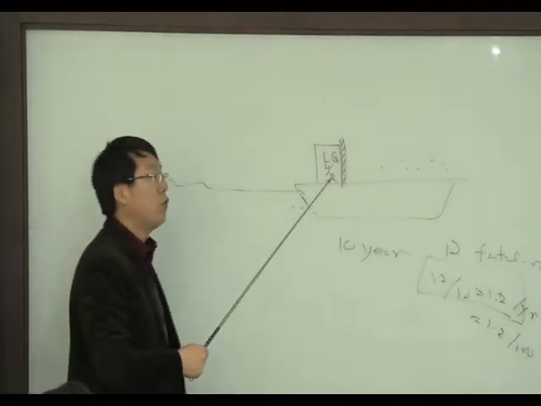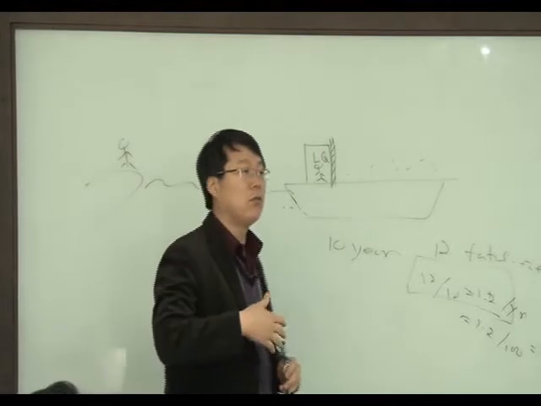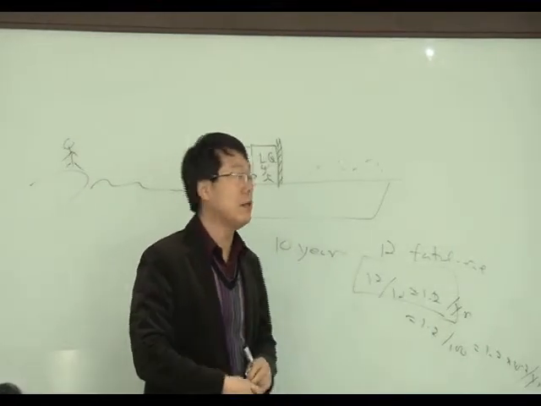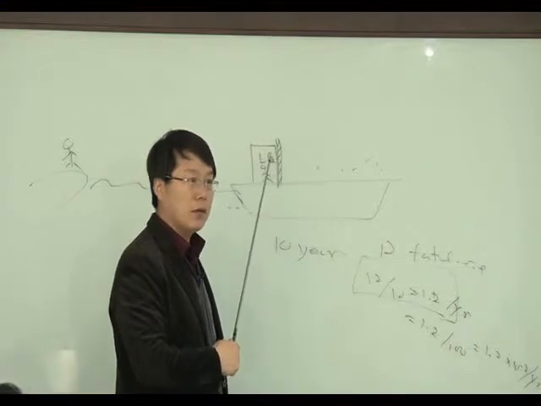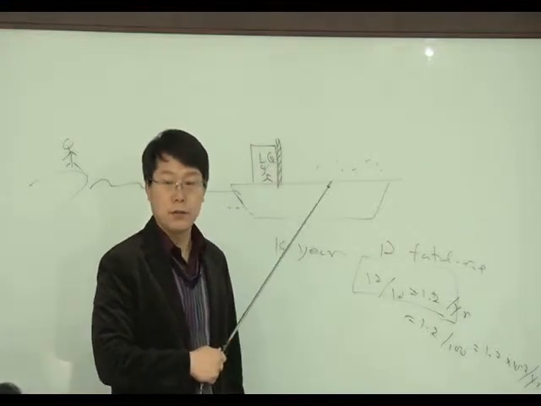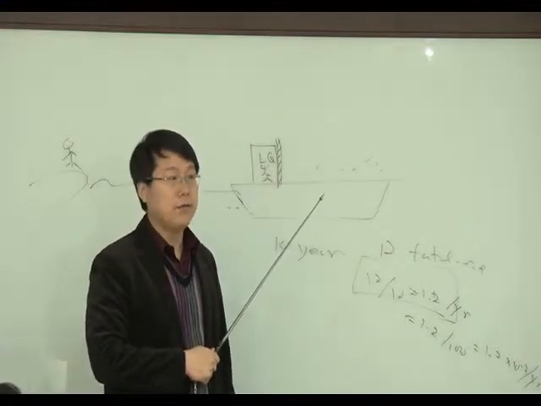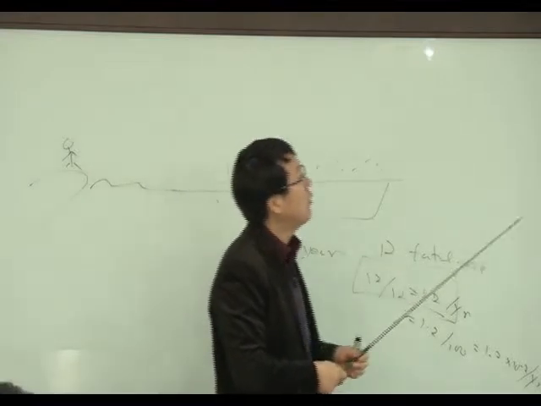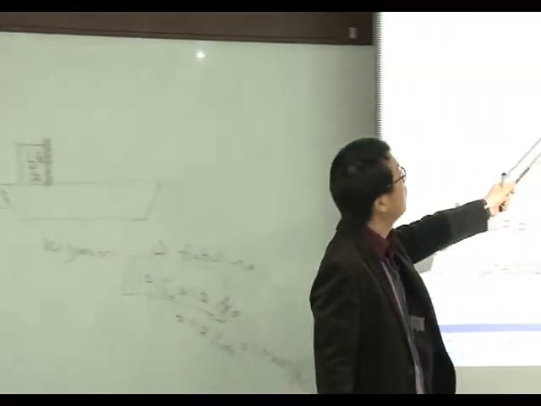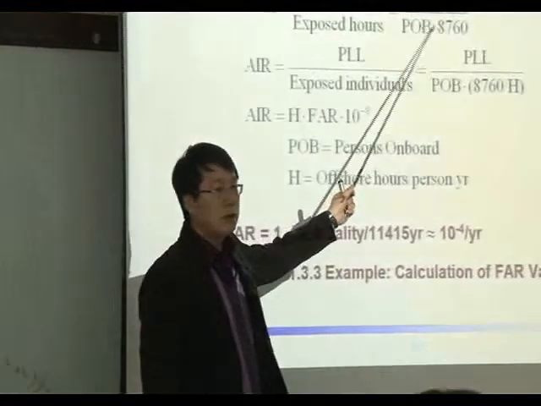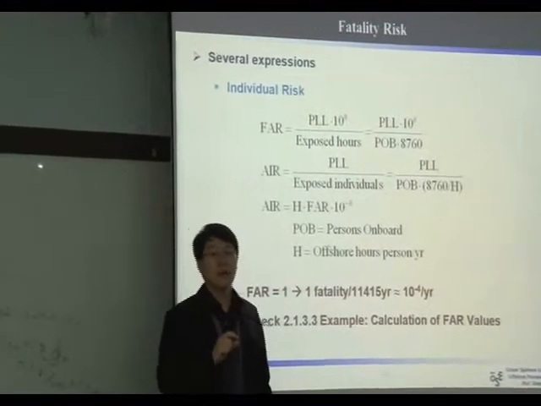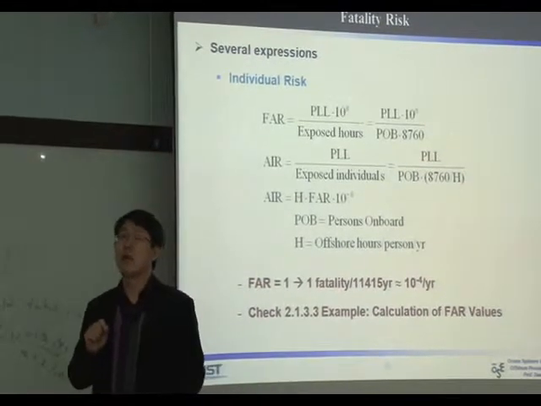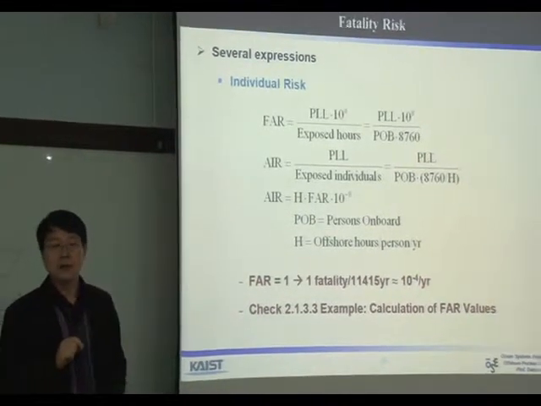So we should not assume that the people in the living quarters out of their shift are safe. So exposed hours is just POB times the number of hours per year, which is the correct value for exposed hours.